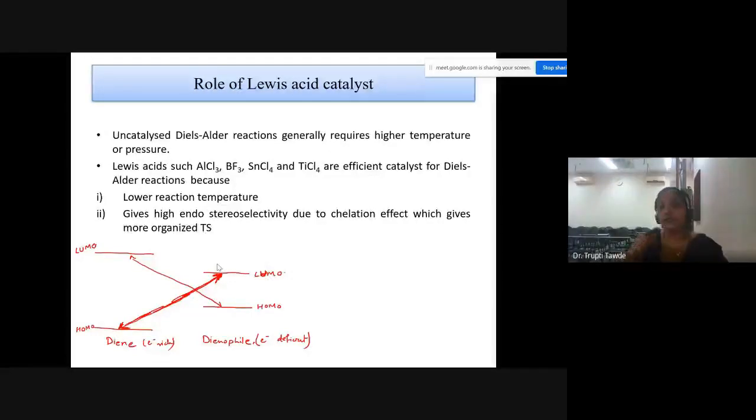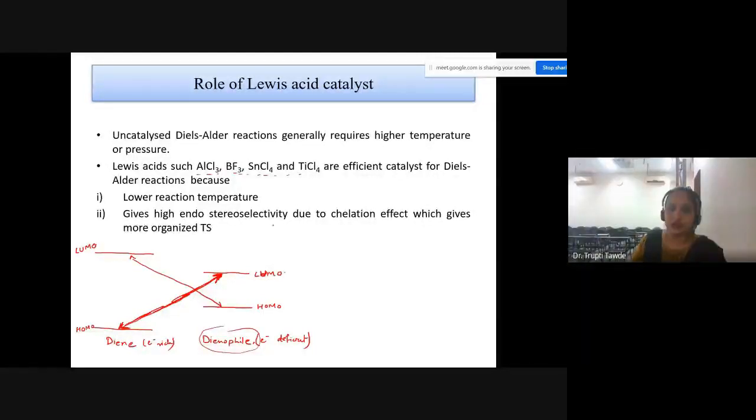Now, what happens when you are using the Lewis acid catalyst? Generally, Lewis acid catalysts interact with the dienophile, because these compounds are mostly salts and can be easily coordinated with the dienophile. So when they coordinate with the dienophile, what happens to its energy level?